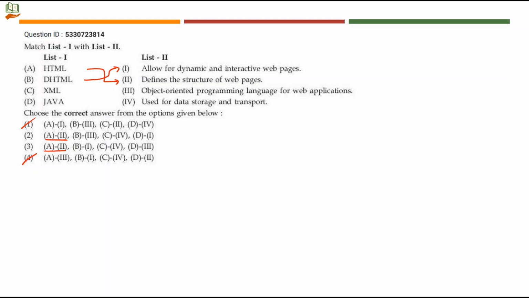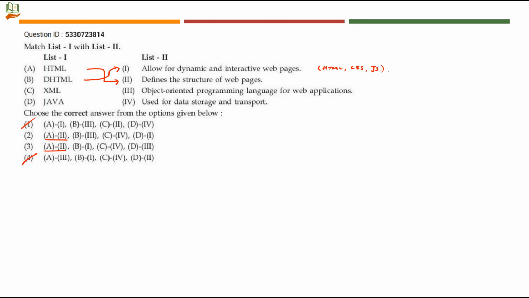Allows for dynamic and interactive web pages. It is because of the use of HTML, CSS and some scripting languages like JavaScript. So when you include CSS and scripting languages along with HTML, that will induce dynamic behavior or give some interaction to the web pages. So DHTML is a term and it's not a particular markup language.